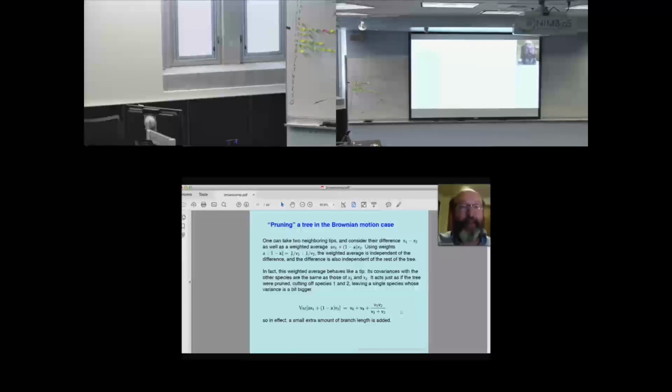If I choose the weights inversely proportional to the branch lengths, so the weights have to add up to 1, so we take the inverses of the variances and we divide by the sum of those inverses.